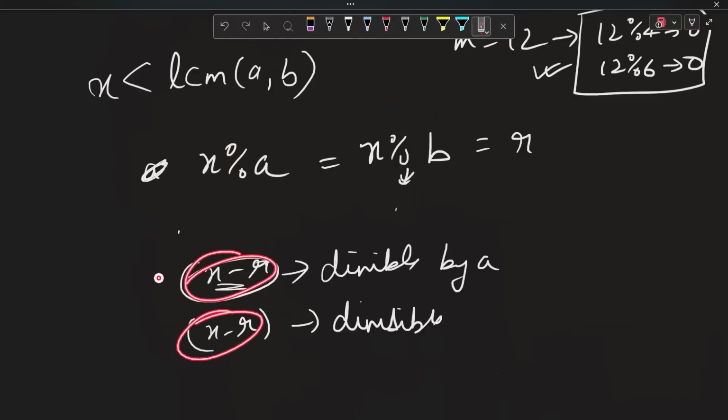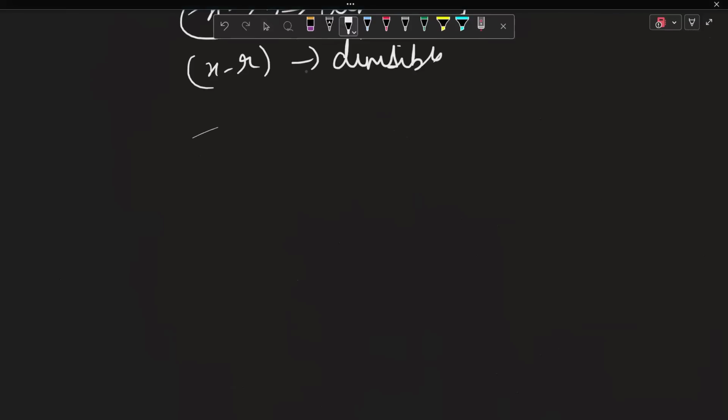So x minus R should have been the LCM, but we know LCM is the smallest common multiple. There is no common multiple less than the LCM. I hope you understood the proof of why the LCM of A and B would be our answer. So we can directly print the LCM of A and B as our answer.